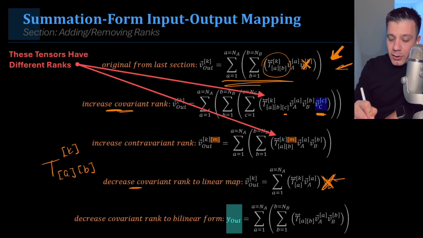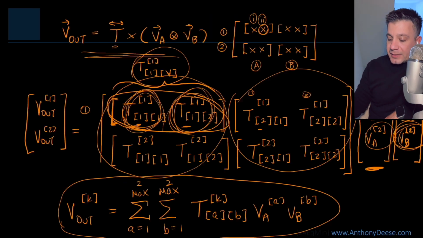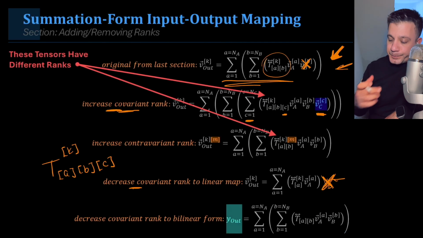However, if we add a covariant rank, we're now adding a subscript index. Remember, the subscript indices are covariant, the superscript are contravariant. And so we see that added, and we also have to add a new summation. And that makes sense because we need one summation for each level of the covariant elements.